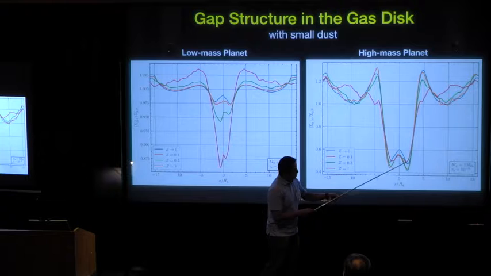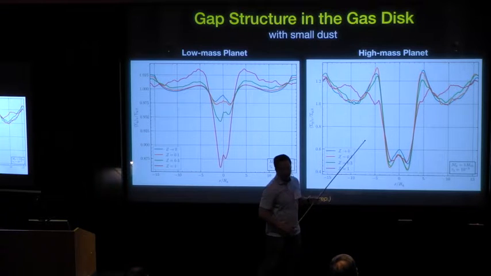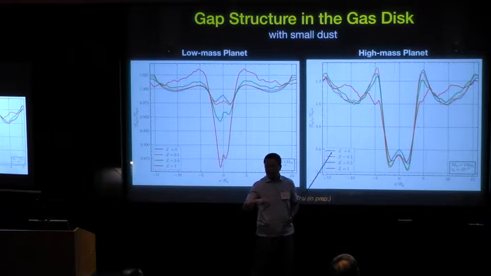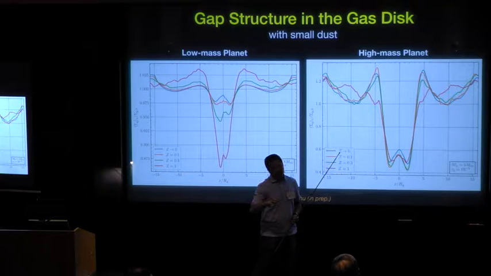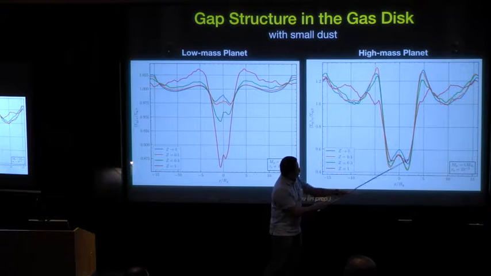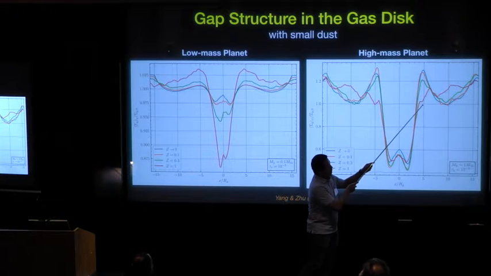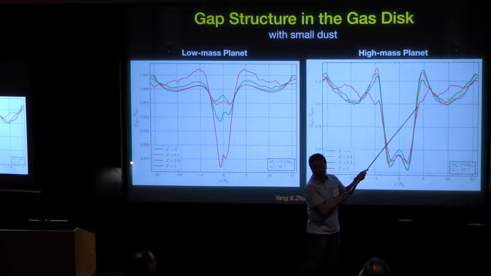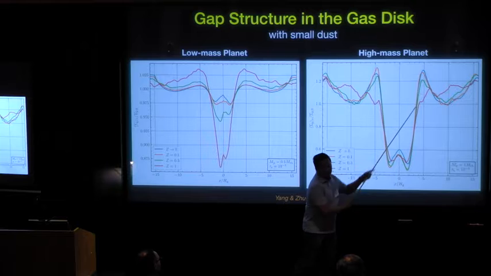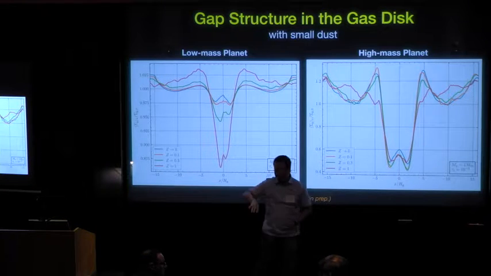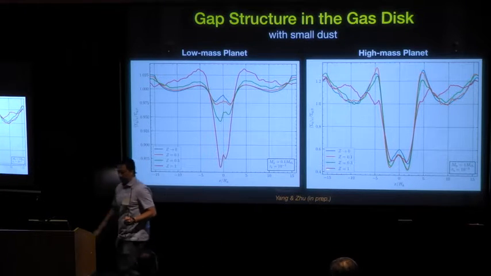The reason is that the dust here is pretty much depleted, so you don't really have a solid loading effect. That's why you don't see anything here. But you do see near the edge, as Flood already reported yesterday, something pushed out in the gas.